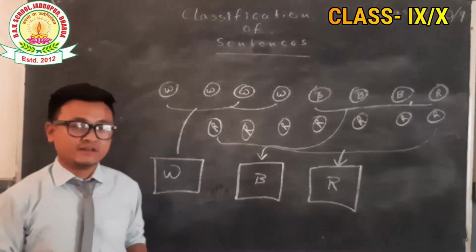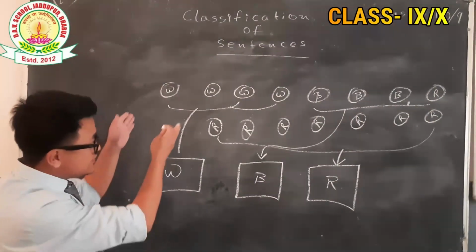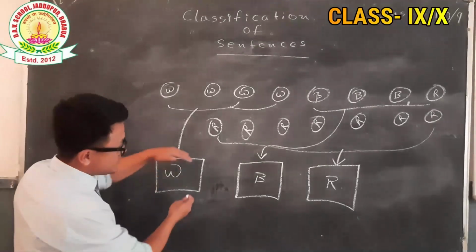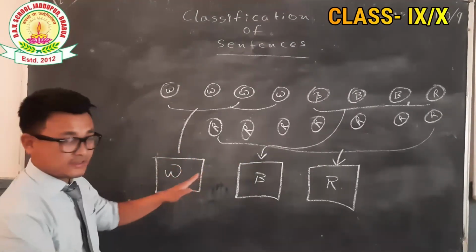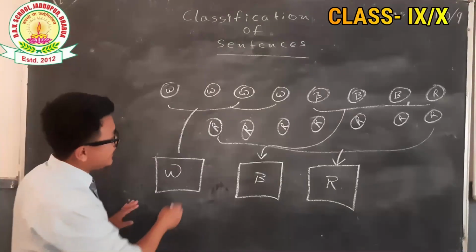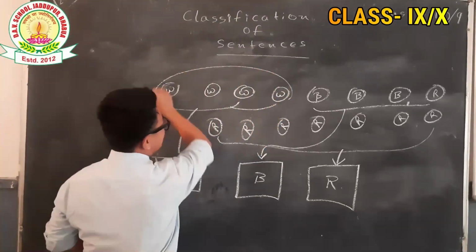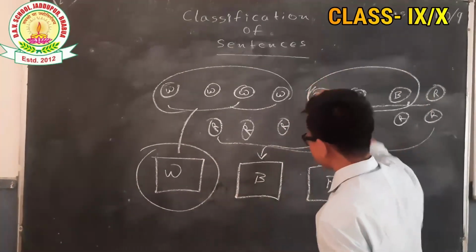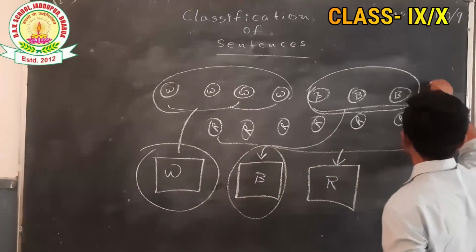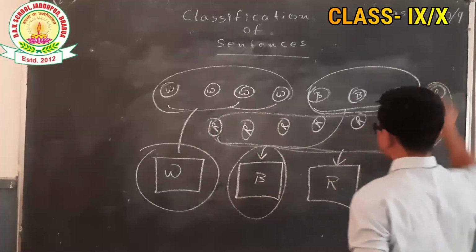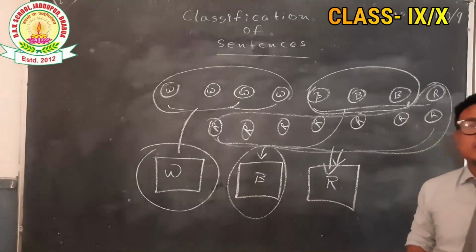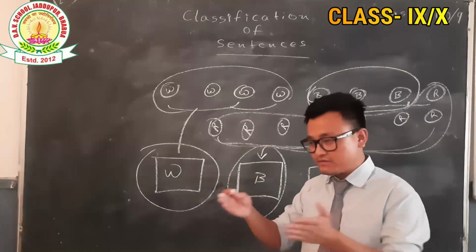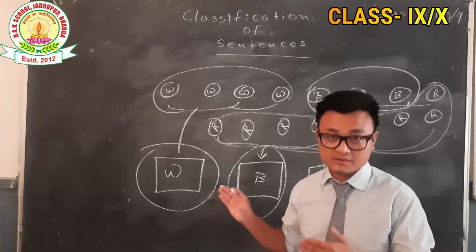What we did here was see the features of the balls, which colors they are, and put them in boxes separately. So we have classified these balls into one group, these into another group, and these into another group. So we classified according to the basis of the color of the balls.